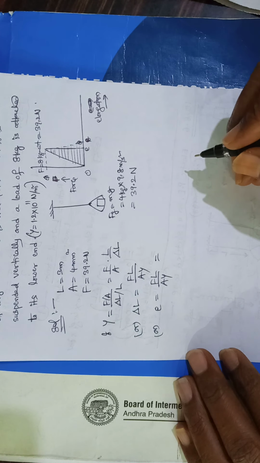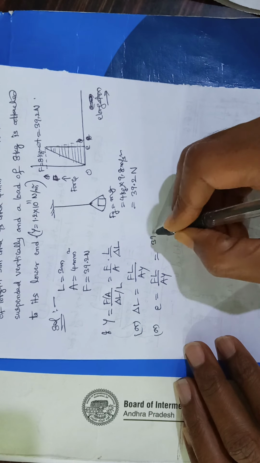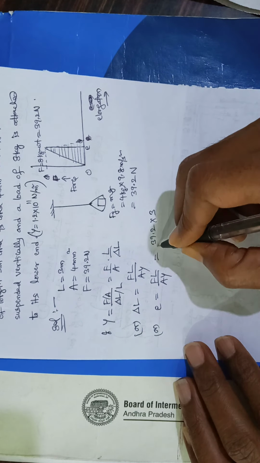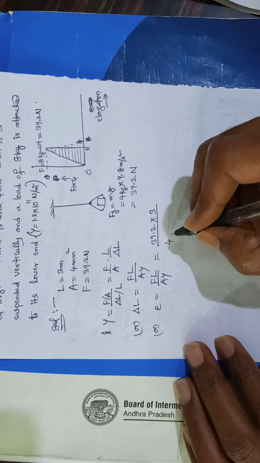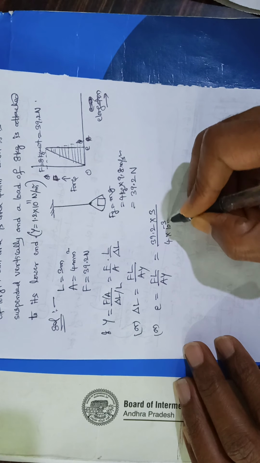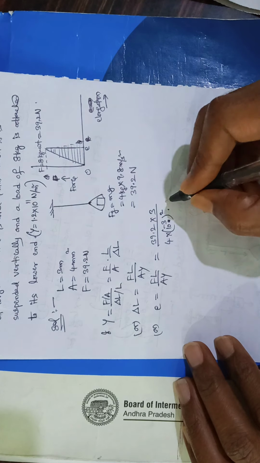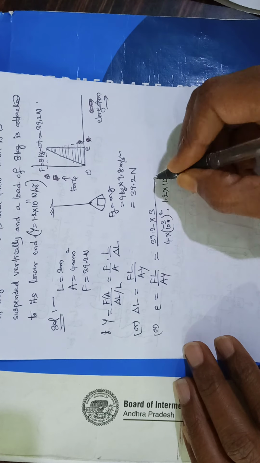So in this let us substitute the values. Force 39.2 newtons, L value 3 meters, cross-sectional area 4, milli means 10 power minus 3, so square. Young's modulus is 1.2 into 10 power 11.